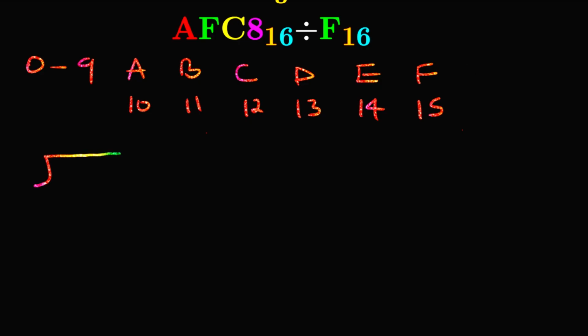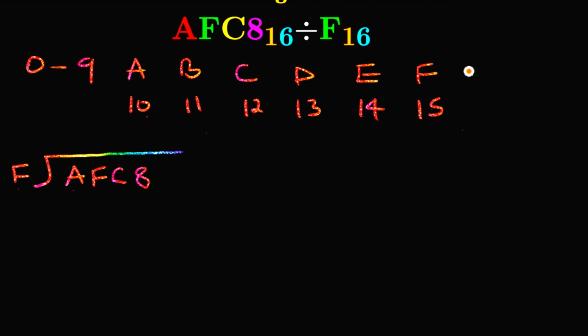We put the number that we want to divide under the radical, so we have A, F, C, 8, and then the divisor is F. The first part is we're going to try and see if F can go into A. That is like asking if 15 can go into 10, which is not possible. So we stretch from A to F. So we check if F can go into AF.